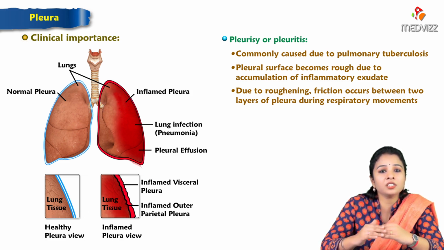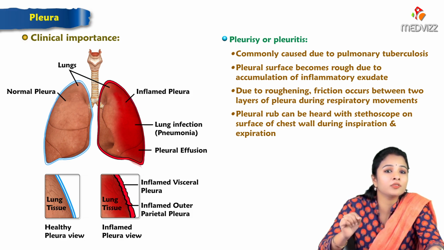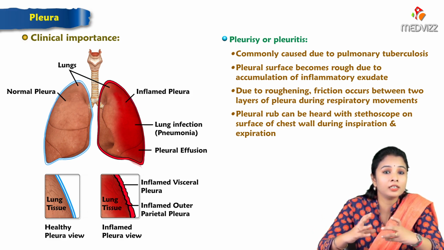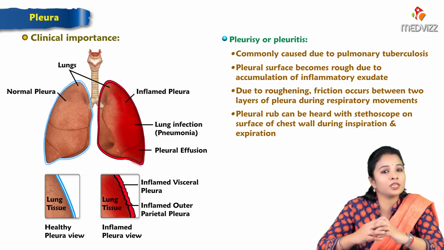This friction is called pleural rub, and it can be heard with a stethoscope placed on the surface of the chest during inspiration and expiration. So you can hear pleural rub clearly if there is any friction between the parietal and visceral pleura.